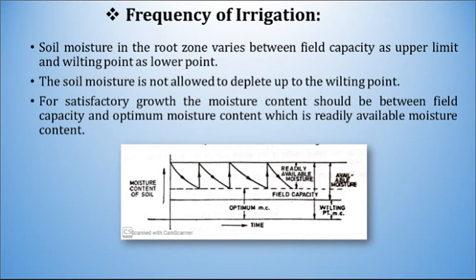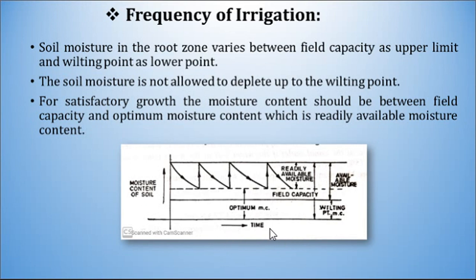Now, one more term, that is frequency of irrigation, comes into the picture. How frequently irrigation is required. This is a term of understanding with respect to the total field capacity, that is the maximum water availability, and the optimum moisture content. Just look at the figure.